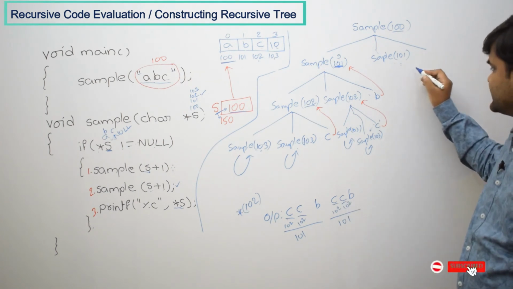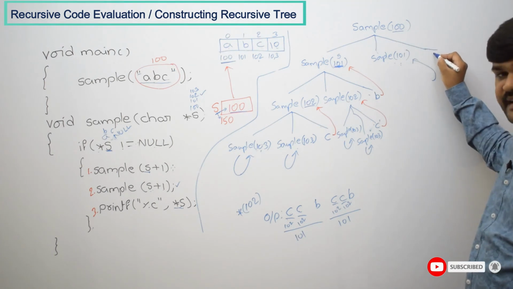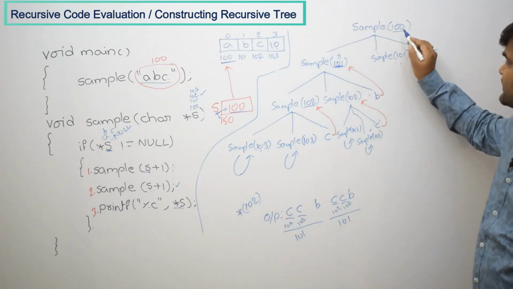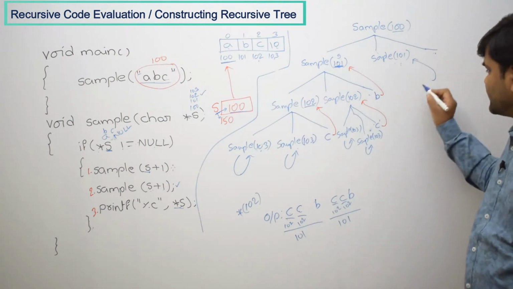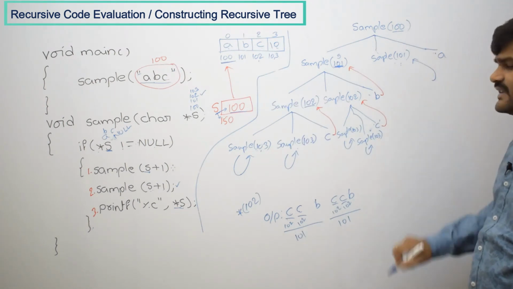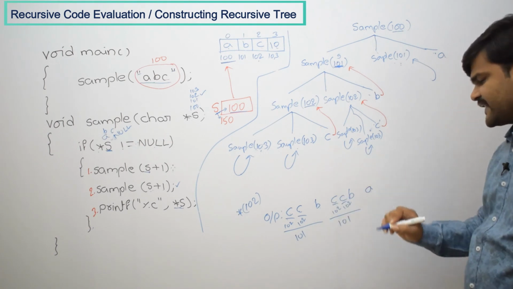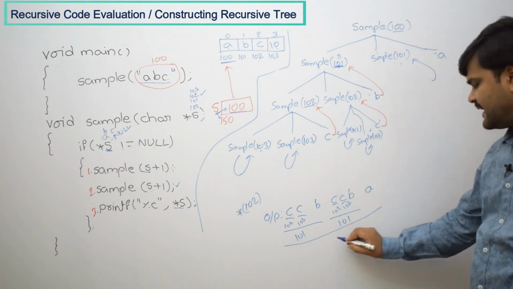Now after this statement completed, you are going to have the third statement, right? What is the third statement? Same star S, so star 100. What is star 100? A. So here it is going to print A. After this CCB, it is going to print A. So this output we got with 100.